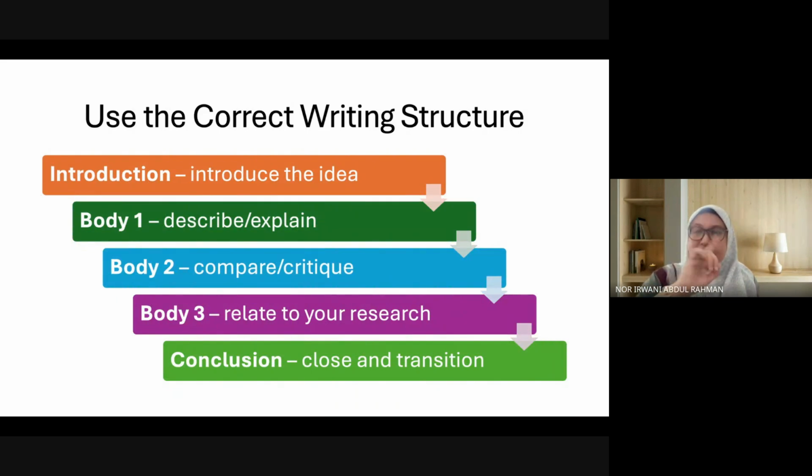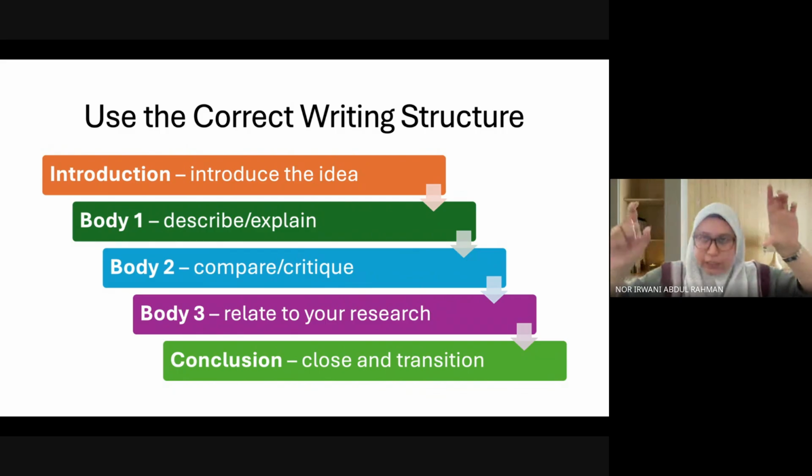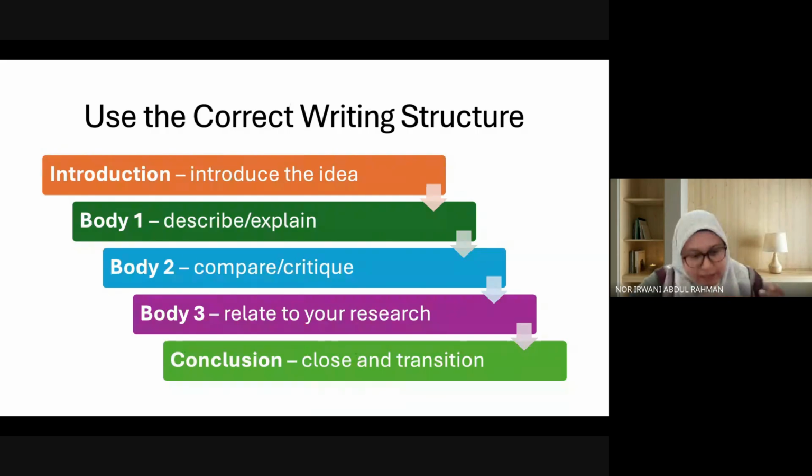In the LR, theoretical premise: introduction, definition, then the body of one or two paragraphs, maximum three paragraphs, and concluding remarks. It is still following this kind of alignment. This is the flow.